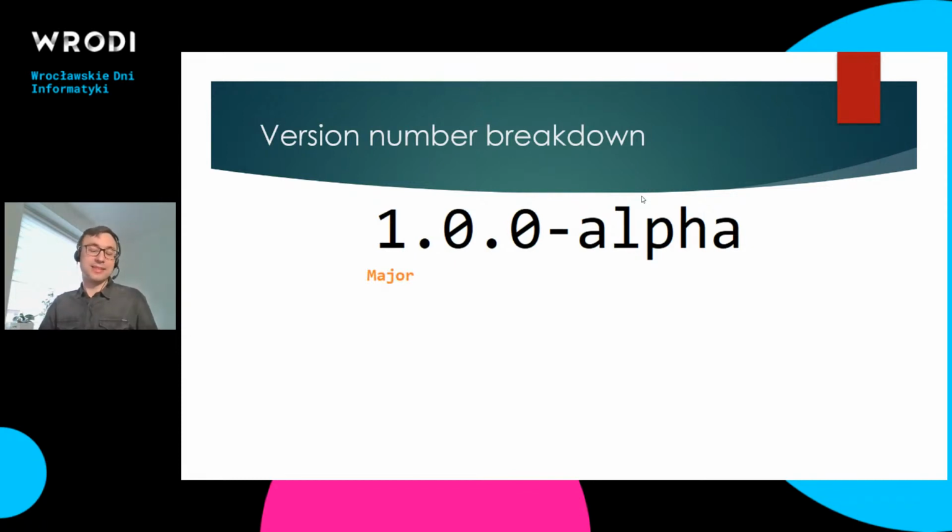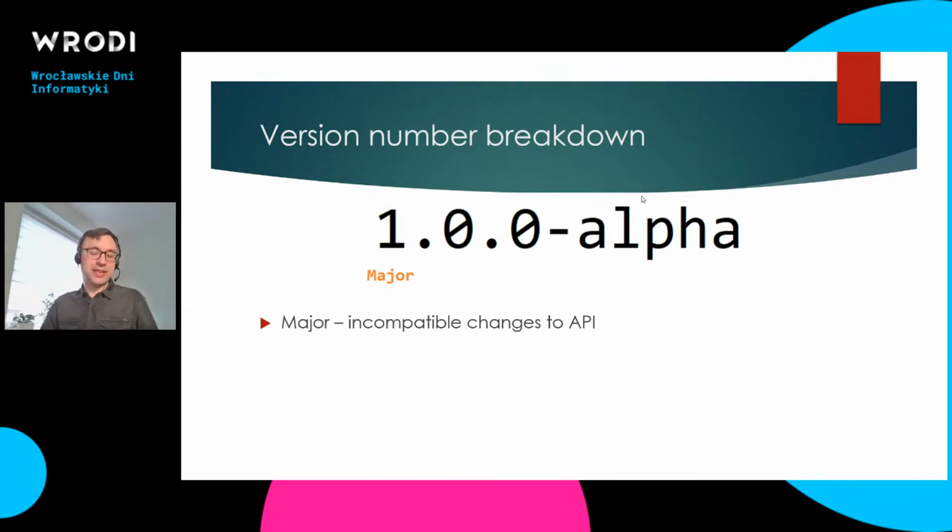And that's, as the name says, the most meaningful number of the whole version number. A change to this number usually means a huge update compared to the previous version. So the definition says that if you change the major, you made some incompatible changes to the API.